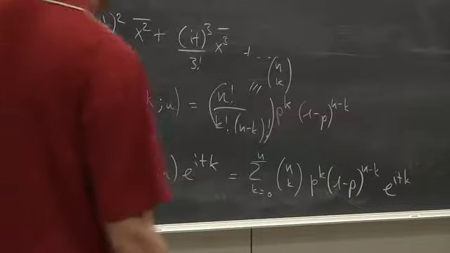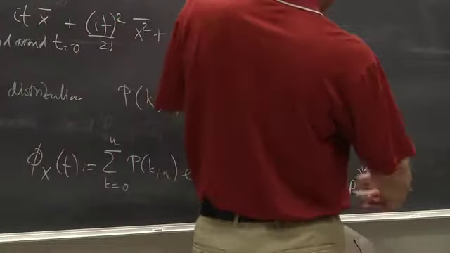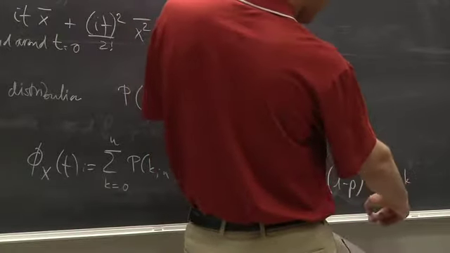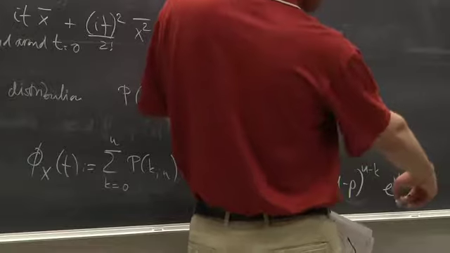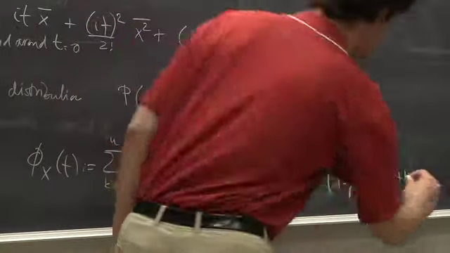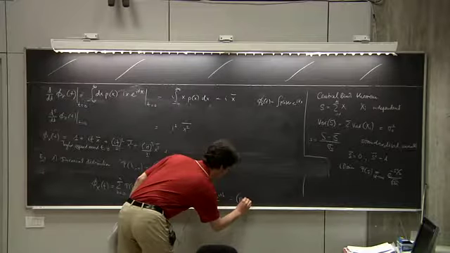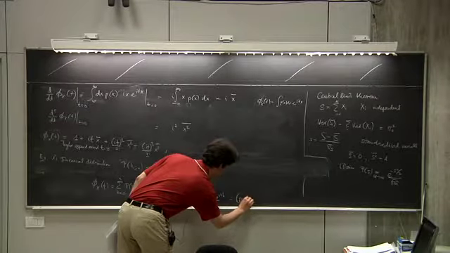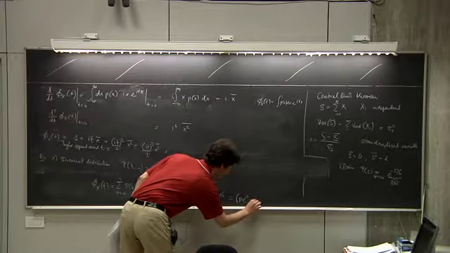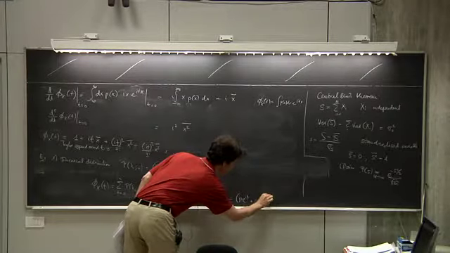Yes, very good. You can take this and this factor together. You realize that this is p times e to the it to the power k, right? And then you can sum this binomial expression, and you find p times e to the it plus 1 minus p to the power n.